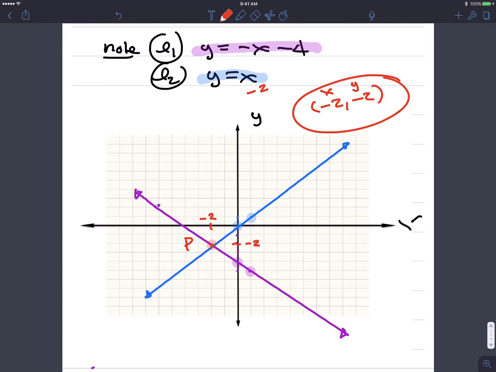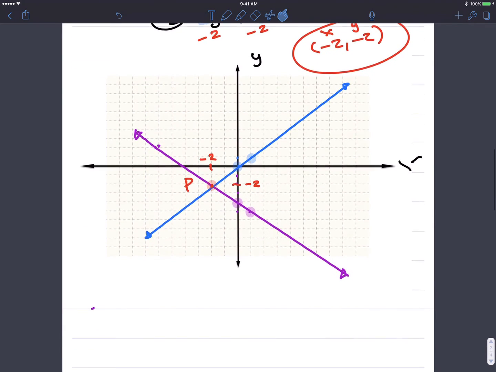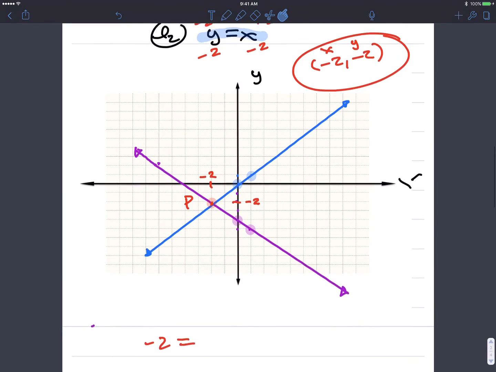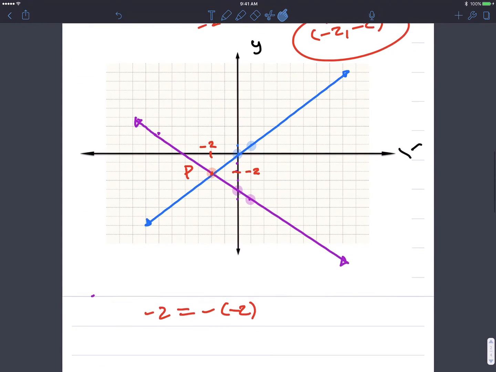If I plug in -2 for x in the second equation, I better get -2 for y. And sure enough, this relationship is true. If I plug in -2 for x, I better have a -2 here for y. Now let's notice what happens in line 1. Okay, line 1, let's keep this, should be -2 equals minus a -2, minus 4.